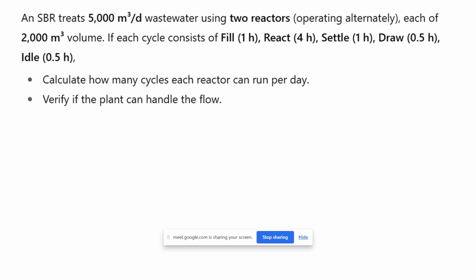I have seen plants with 4 or 5 tanks, where if one is reacting, another is settling, and one may be kept idle. That is how it should work practically.